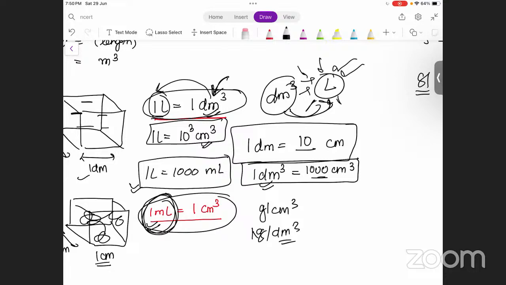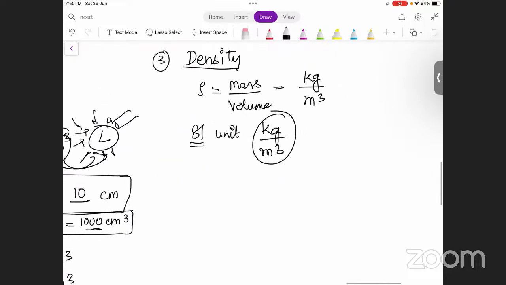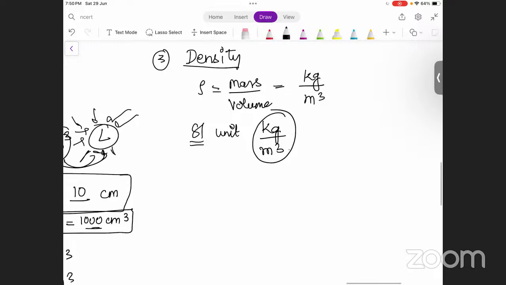So there you should know what the smaller units for volume are, and similarly there we will be looking at the substances, so we will be dealing with density. For density also, you will see that it will not be given in kg per meter cube. Usually, it will be given in gram per ml, or written as gram per centimeter cube.